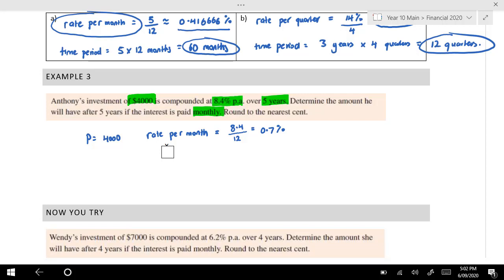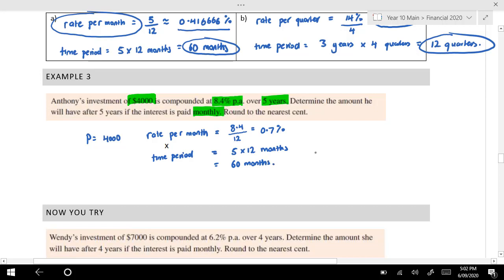And of course, we've got 5 years, but what is the time period? Well, if we're looking at per month, how many months do we have? So we've got 5 years times 12 months, which of course is 60 months. Okay, now I've got all of that.